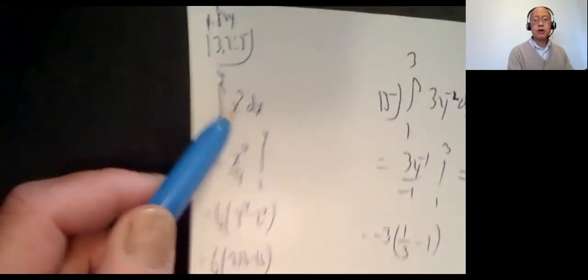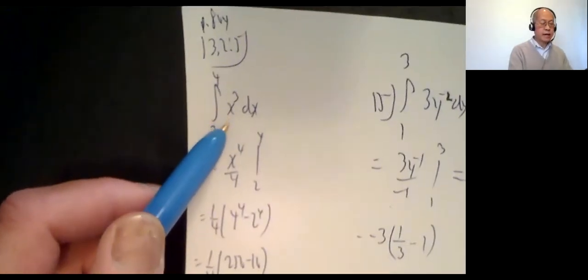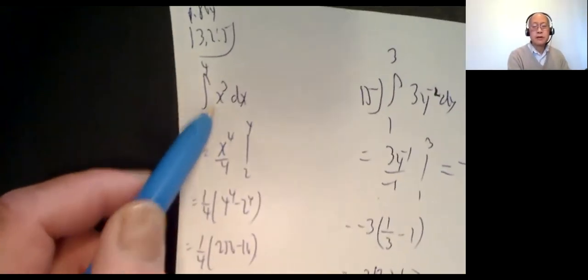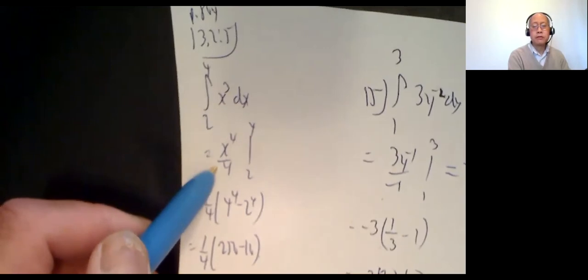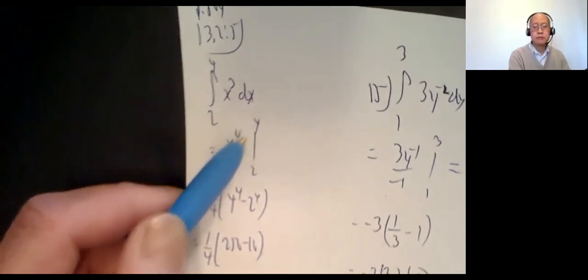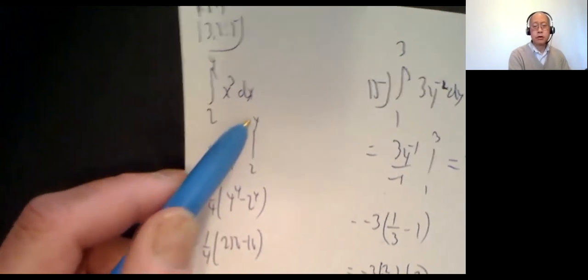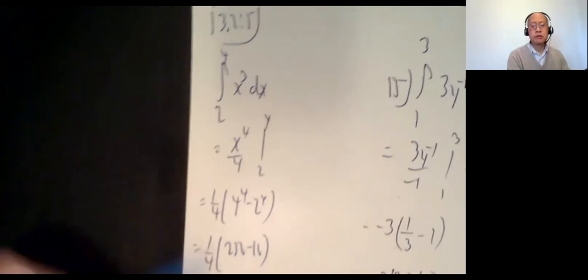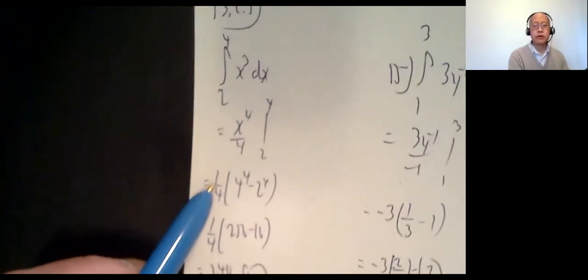Integral from 2 to 4 of x cubed dx. So x to the 4th over 4. Don't need the plus c. 2 to 4. Well, dividing by 4 is the same as multiplying by 1/4. So I factored out the 1/4.